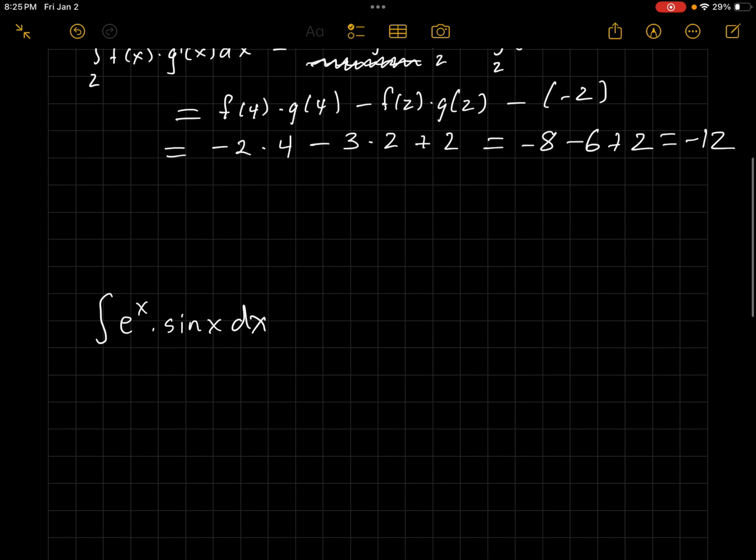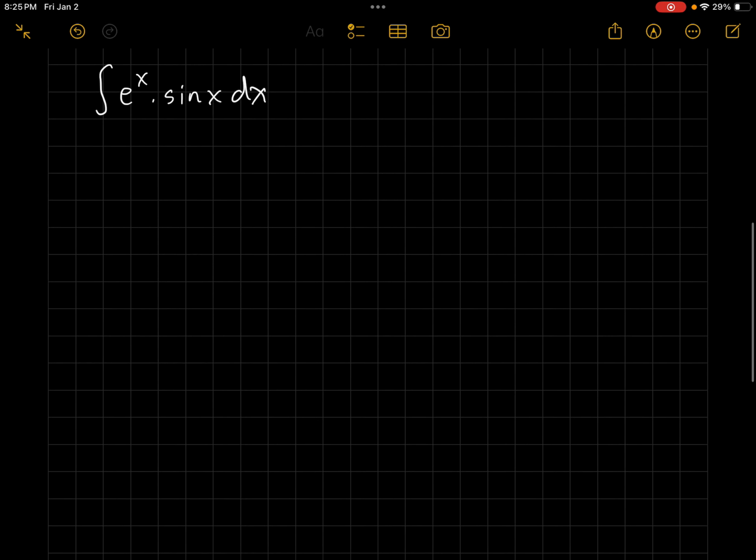The next problem is a little bit more difficult, at least up front. This is integration by parts, so I will choose my u and my dv. I will choose my dv to be e to the x just because it's very easy to integrate that one.